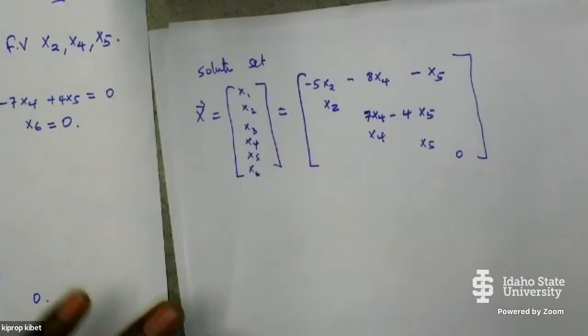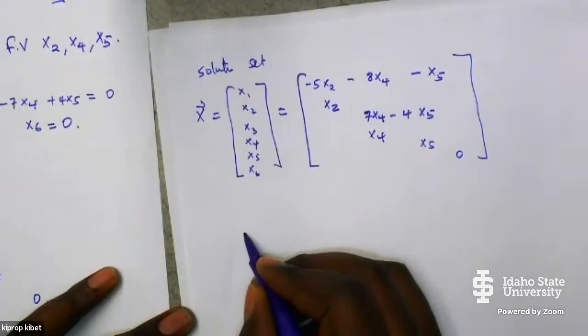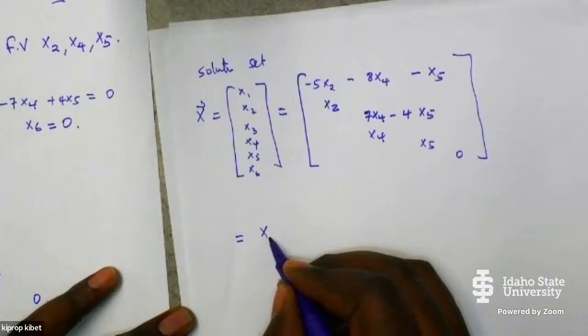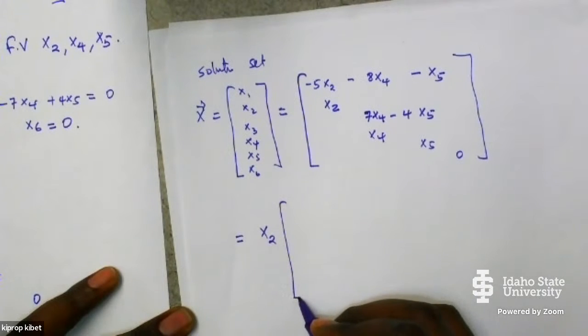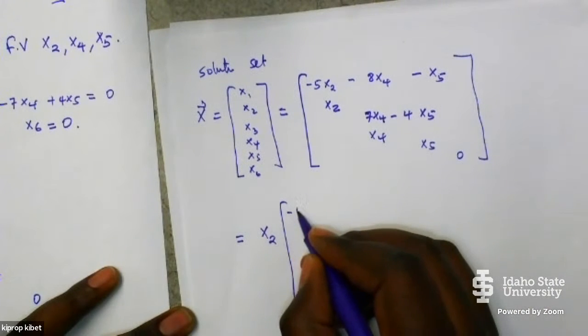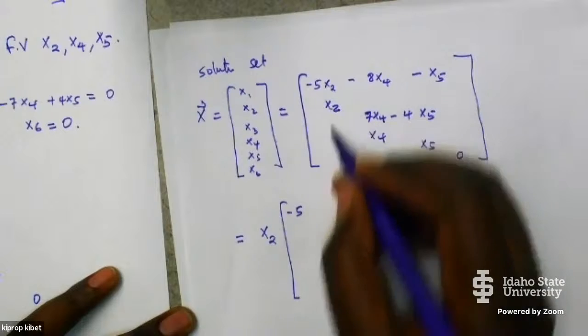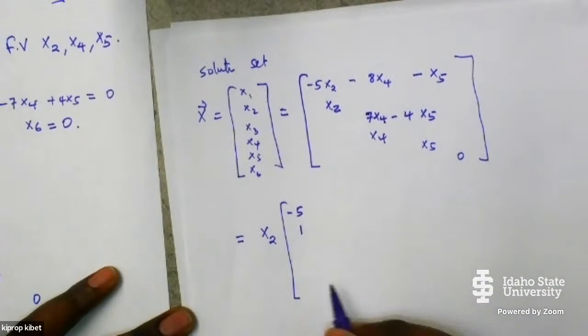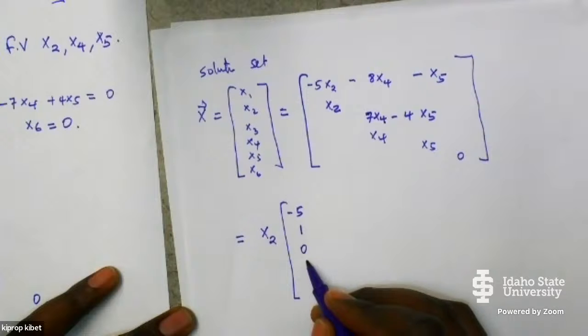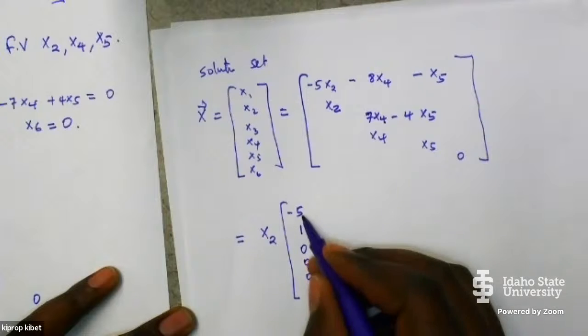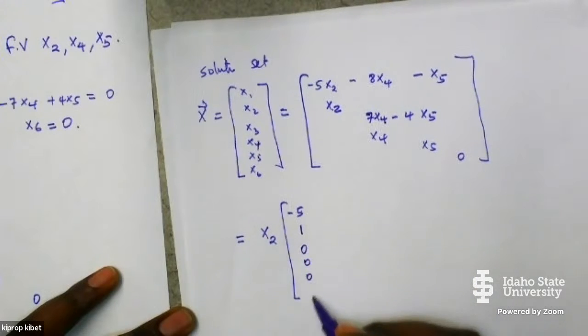So therefore, the parametric equation will be: we factor out x2, so the coefficients are -5, then 1, and the others are zeros, in positions 1, 2, 3, 4, 5, 6.